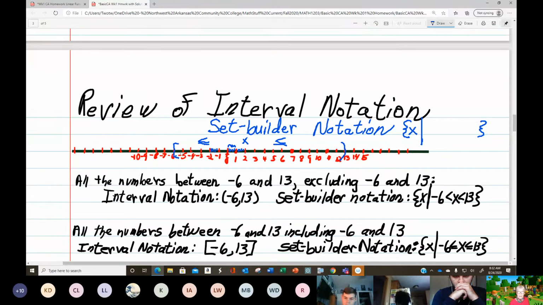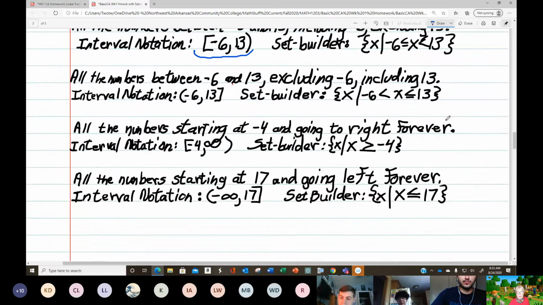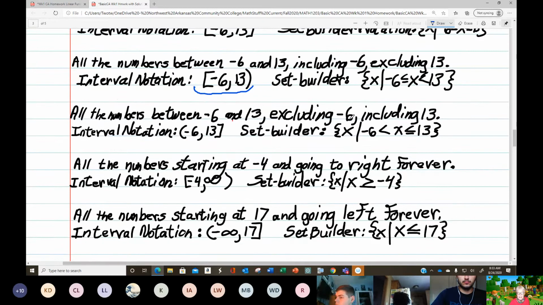Okay, so we're talking about all the numbers between -6 and 13, yes including -6, and not 13. And then we reverse that, where we exclude -6, the left endpoint, and we include 13, the right endpoint. And so now you have the parenthesis around the unincluded endpoint and a bracket around the included endpoint if you're doing interval notation.